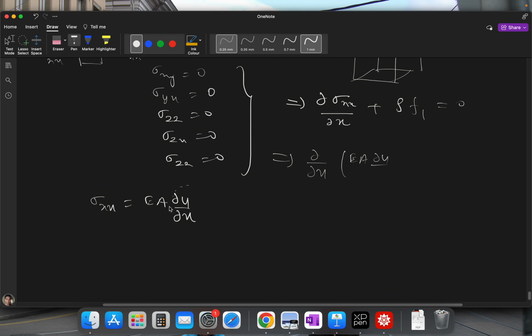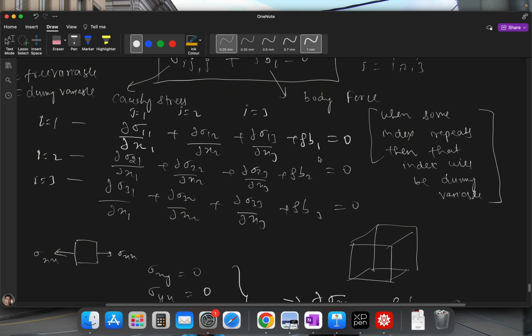Actually this is the strain, and from the definition of strain, since it is uniaxial, only this part will survive, because here yy is also xx. When it becomes 2 times, then 2 will cancel out, then it will become del u by del x.